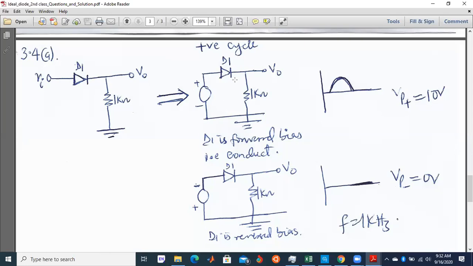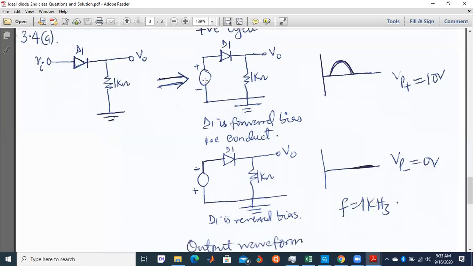In this case, the diode is conducting, and the output waveform will look like this. From the question, the peak value is given to be 10 volts. You will now reverse the supply, so that the diode will be in reverse bias. Are you getting it now?